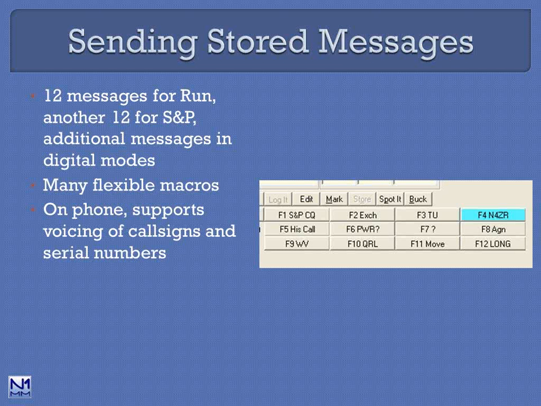Another feature that frankly the jury is still out on, I think, is that n1mm supports the voicing of call signs and serial numbers. That means that, at least hypothetically, you could have the other station's call sign or a serial number in a serial number contest automatically spoken for you by the program, so you wouldn't have to do it yourself. And as far as numbers are concerned, we used to just do sort of 1, 2, 3, 4 kind of things.